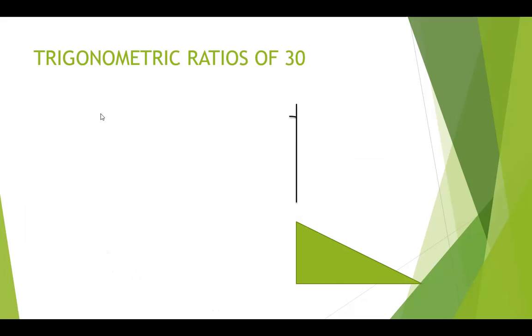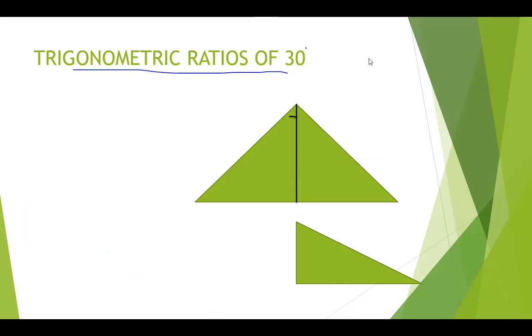Now, I find the trigonometric ratios for one more angle, 30 degree. If our reference angle is 30 degree, in the first while finding 60 degree you have seen, if we consider an equilateral triangle, 60 degree, 60 degree and 60 degree, draw a perpendicular, then this is 30 degree and this is 30 degree. I can consider any one of these as my reference angle.